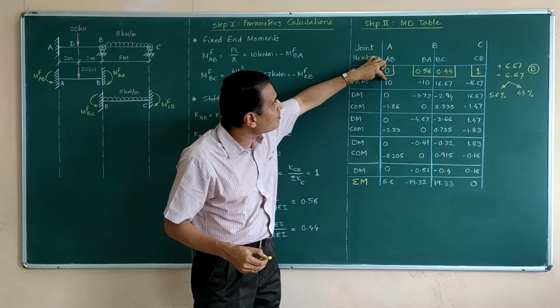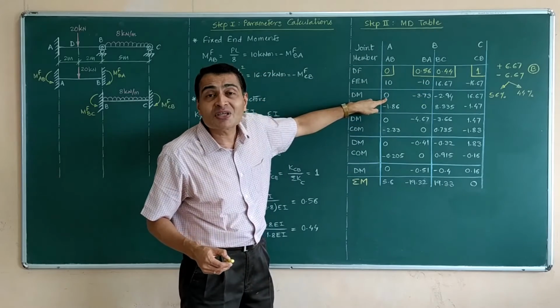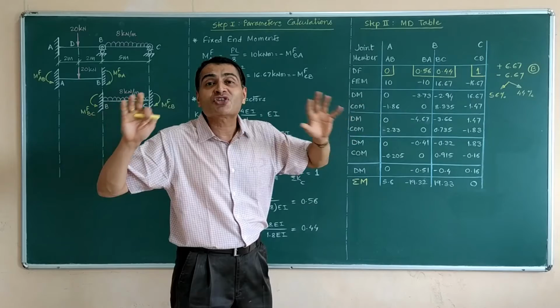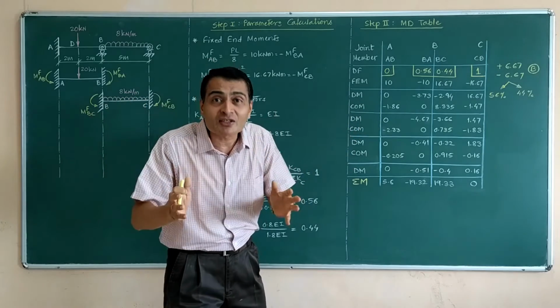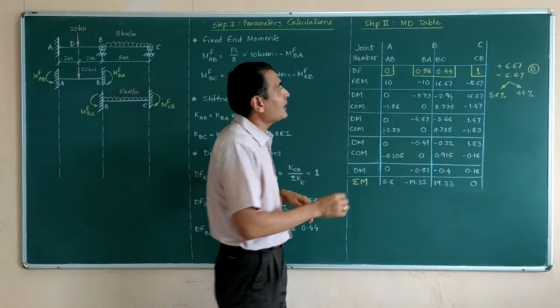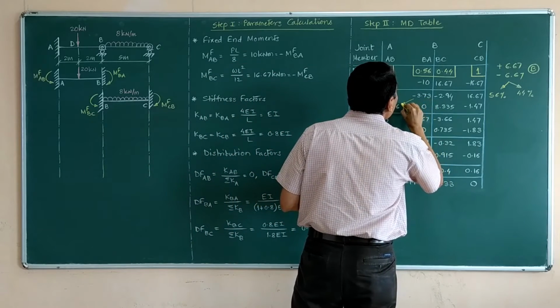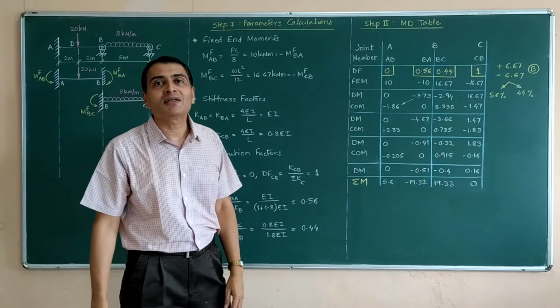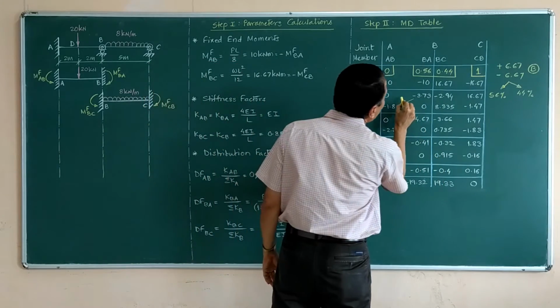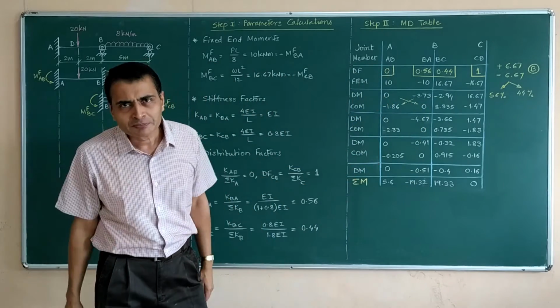These were fixed end moments. Because of the imbalance, I tried to achieve balance and I have distributed the moments in proportion of distribution factor. Now these moments get carried over to the other end. So of minus 3.73, half the moment comes to joint A. Of 0, half the moment goes to joint B, meaning 0.